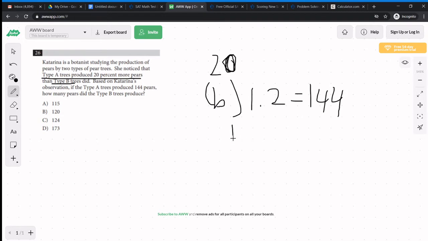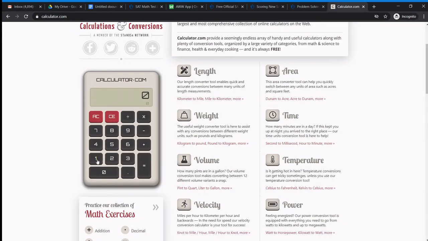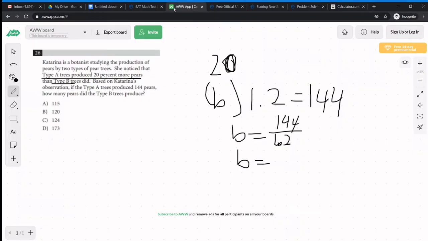So let's divide both sides by 1.2. B equals 144 divided by 1.2. 120. That is the amount we're looking for, and that is the answer choice B.